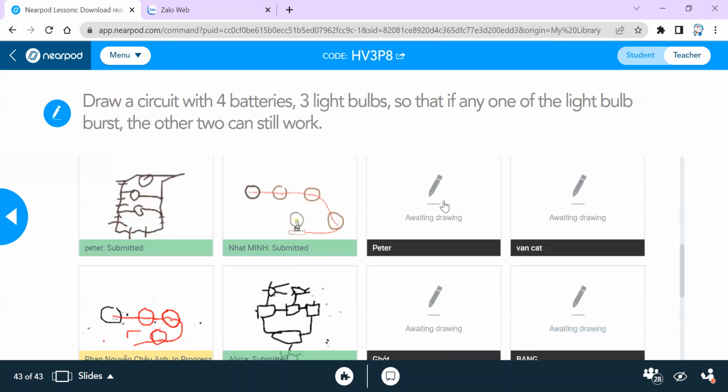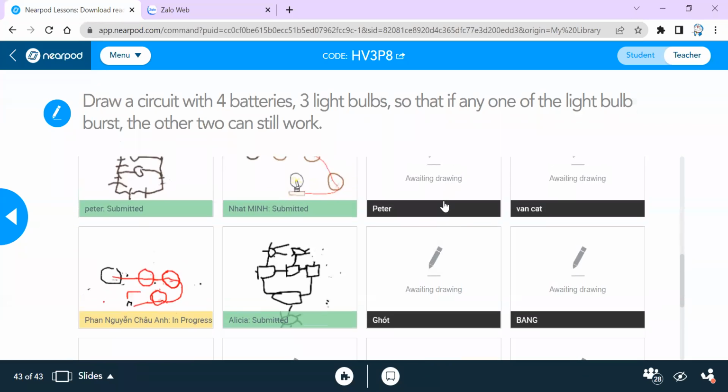So you guys finish first. In another 2 minutes, I will teach you all how to draw the diagram. I won't say the scientific way, I'll just say the diagram.